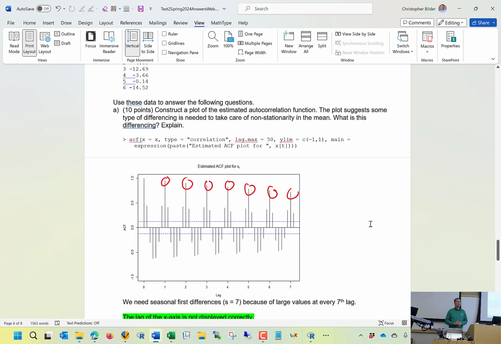But that's not the reason why we need to take first differences with respect to the season. Rather, the reason is because we have very large estimated autocorrelations at every 7. That's the reason. While if you have very large autocorrelations, you're very often going to have significant autocorrelations, it's the fact that they're large that is the important thing, not the fact that they're significant.